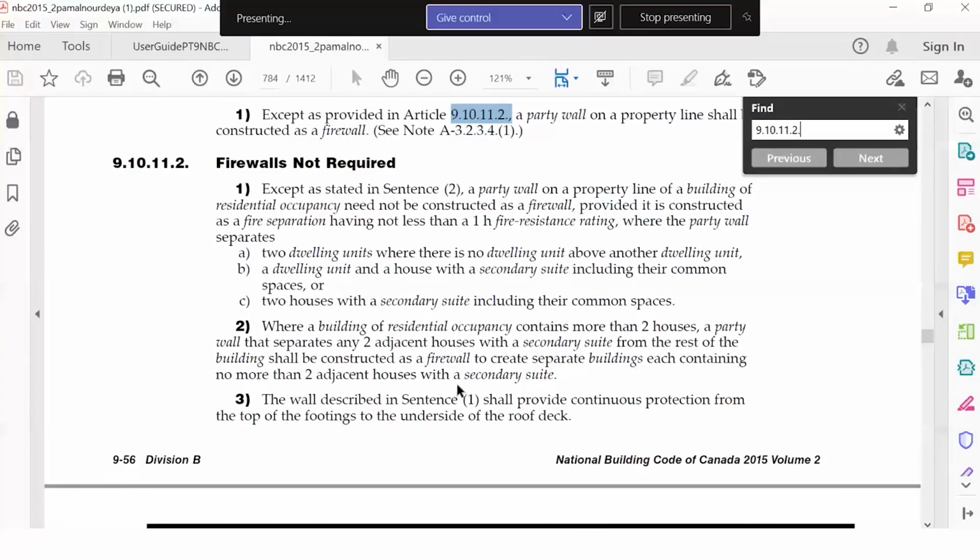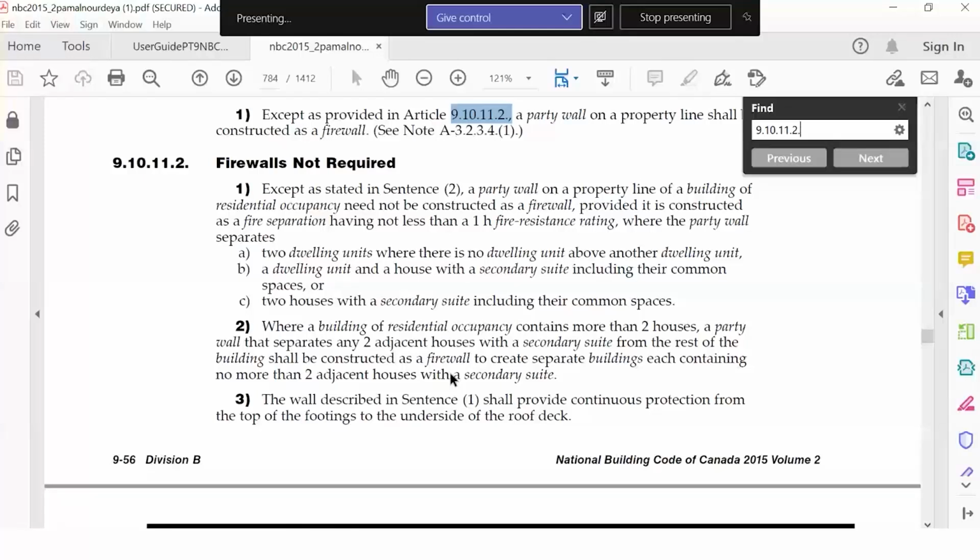If you have houses with no secondary suites, the area of the building can be up to 300 square meters to 600 square meters, and then you put a firewall, and you have multiple residential buildings. But if you have secondary suites inside of them, you don't want more than 2 adjacent houses with secondary suites next to each other, and then you put a firewall.